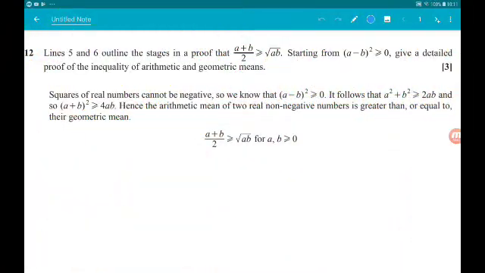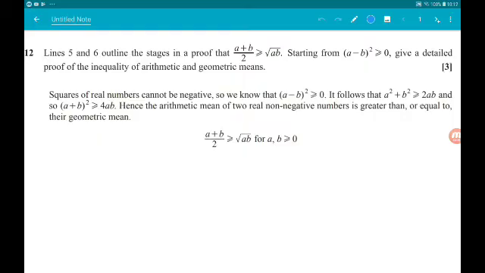Okay, question 12. Lines 5 and 6 outline the stages in a proof that a plus b over 2 is greater than or equal to root ab. Starting from a minus b squared is greater than or equal to 0, give a detailed proof of the inequality of arithmetic and geometric means.